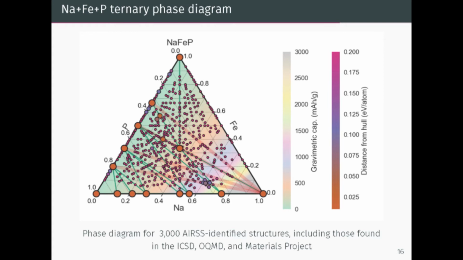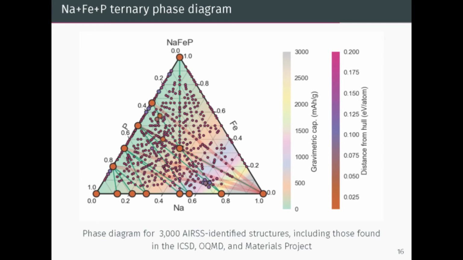And what we found was that there weren't actually any other iron phosphorus anode materials, so that was a little bit discouraging. But within the actual ternary profile right over here, we did find this one orange circle in the center, which is a low energy stable phase that was not yet identified experimentally.